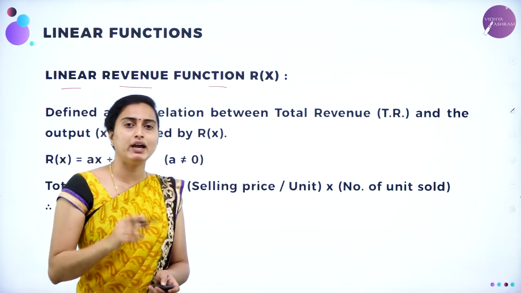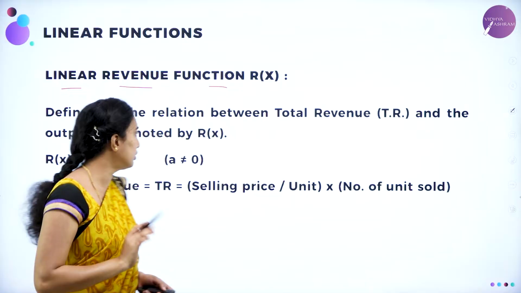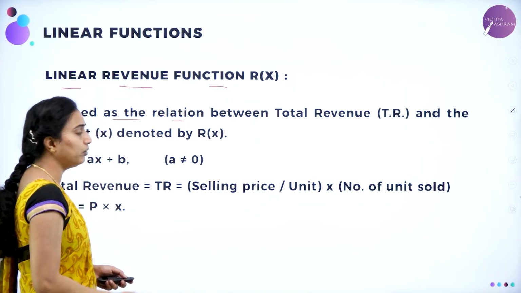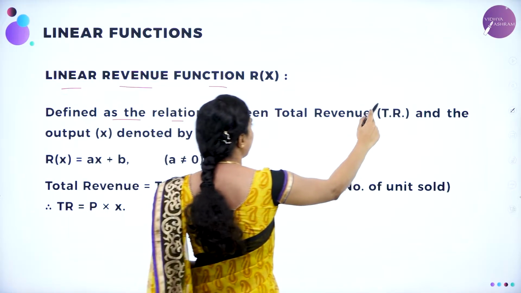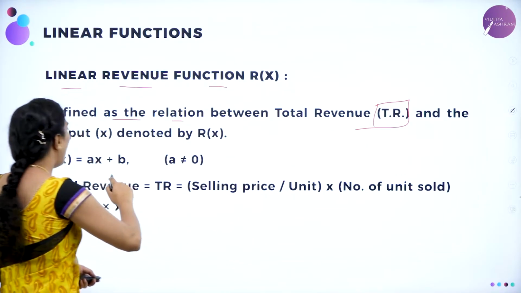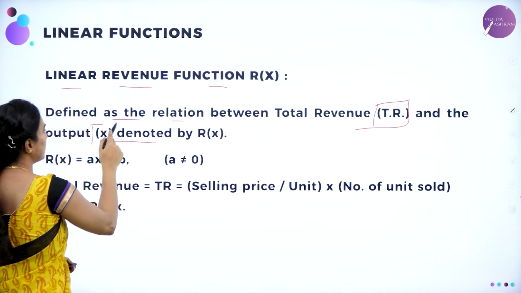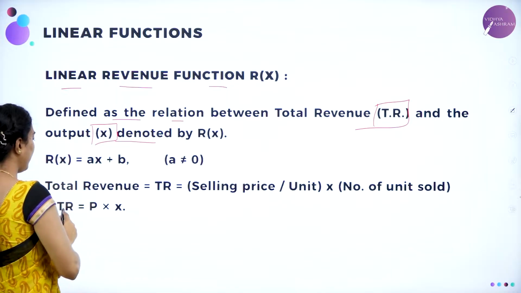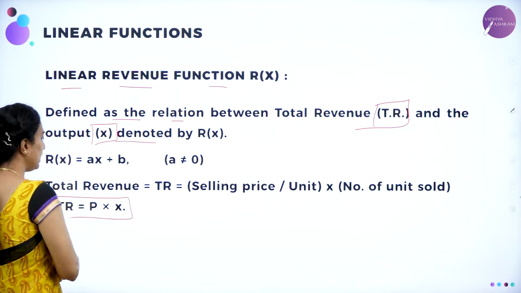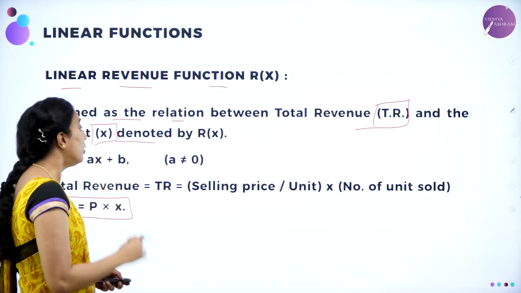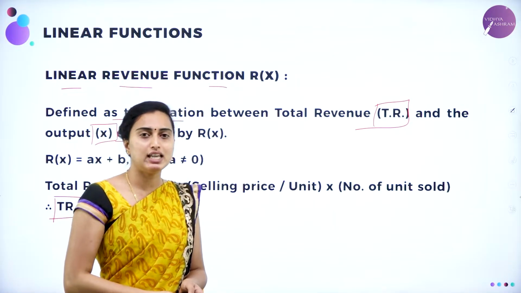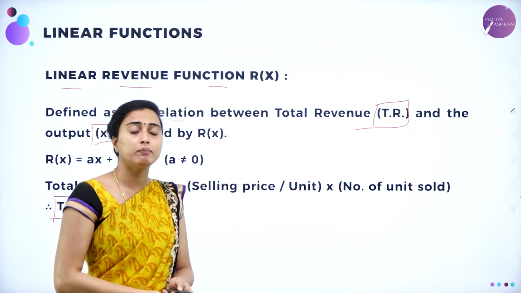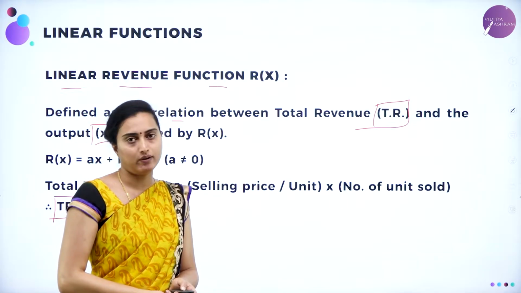That means, what do you mean by the R of X? So here, it is defined as the relation between the total revenue, that is defined as TR, and output X, which is denoted by R of X. Now here R of X is defined by total revenue is equal to P into X, where P is nothing but the selling price per unit, and X is nothing but the number of units sold out.